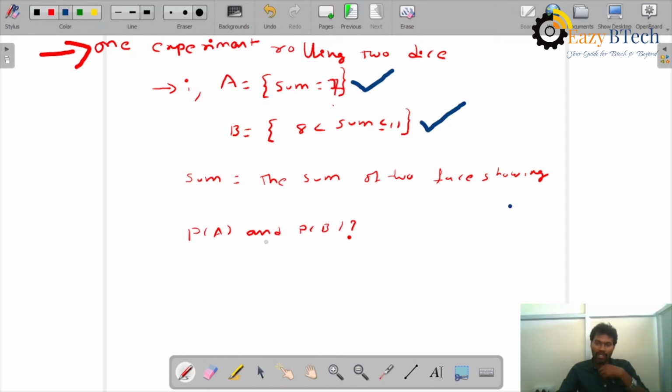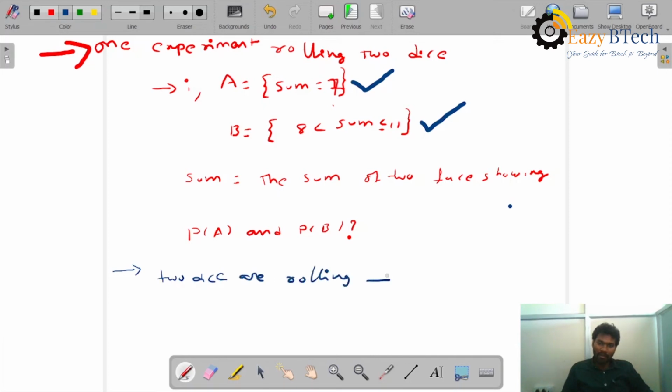Before doing anything, the first thing we have to do is define the sample space. How many dice are rolling? Two dice are rolling.